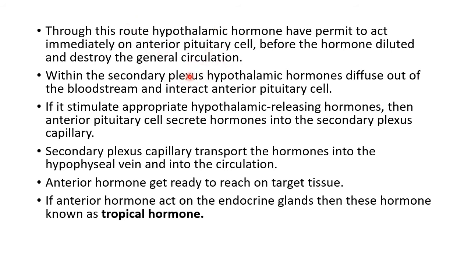That route permits them to act on the anterior pituitary cells before these hormones get diluted and destroyed in the circulation. Before they are destroyed in circulation by dilution, they act immediately on the anterior pituitary cells.